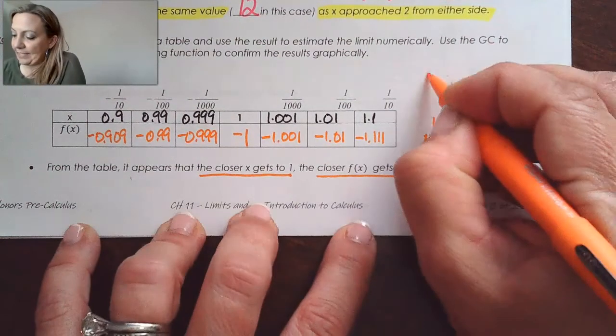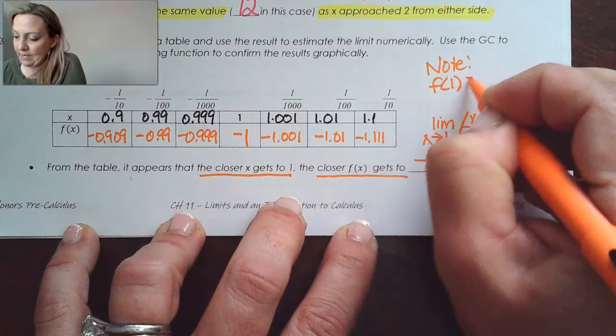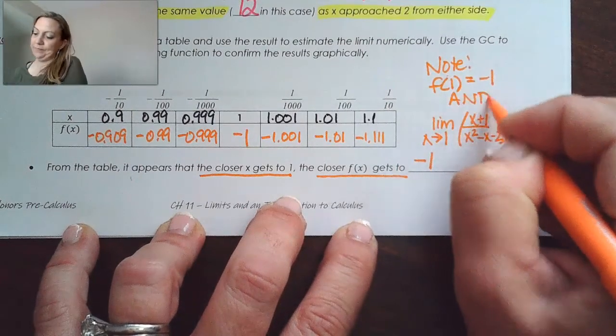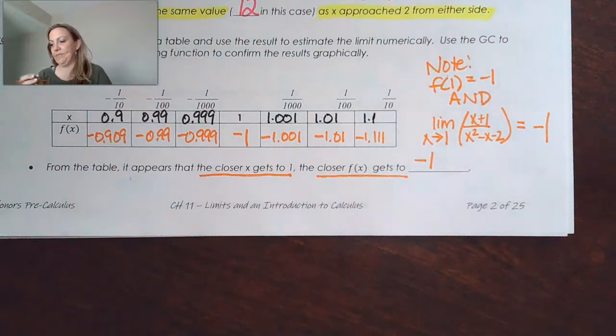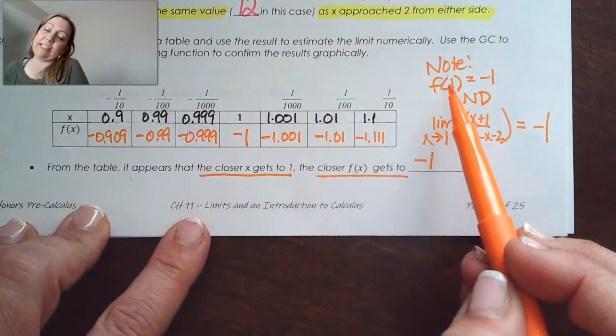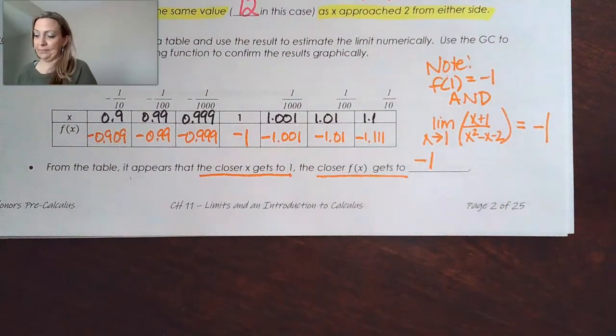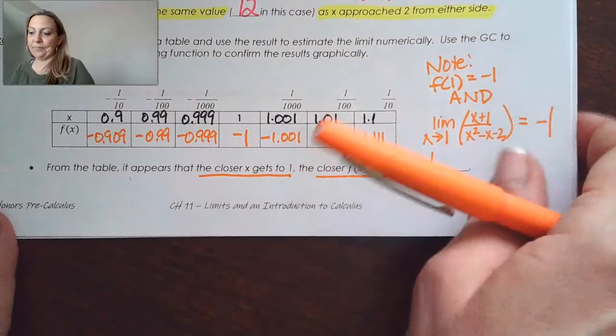Now, notice in this case that f of 1 equals negative 1, and this is true. So there are times where the function is defined at that specific value, and the limit also has the same value.